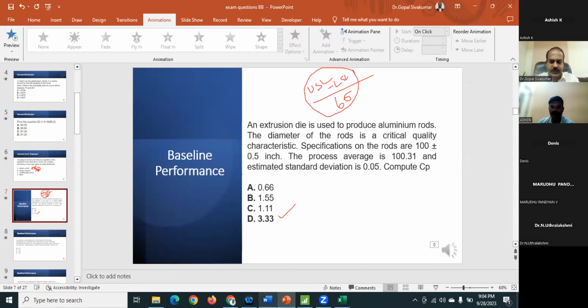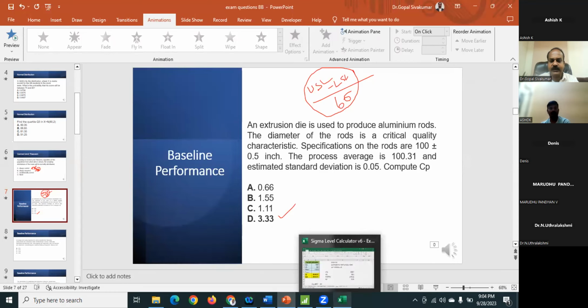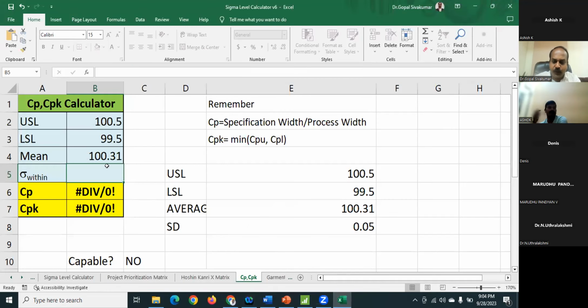Very good, you remember correctly. So 0.05. If I do all this and then enter, what is the CP value that is appearing? 3.33. Now this is accurate, right? So it takes care of all the formulas in the background.